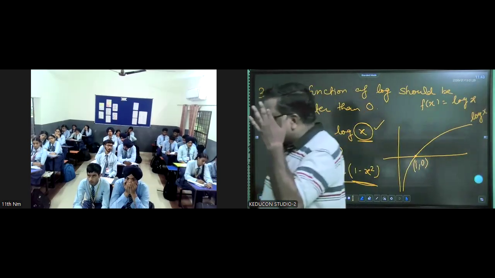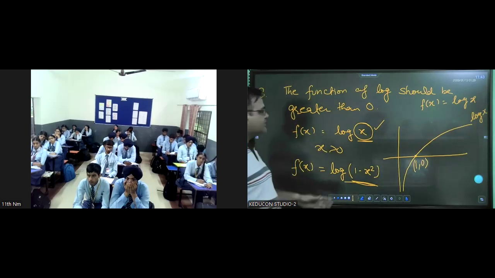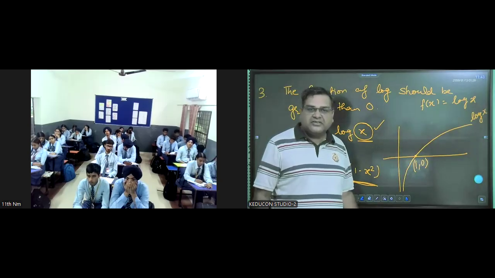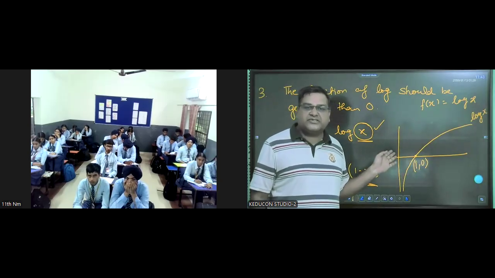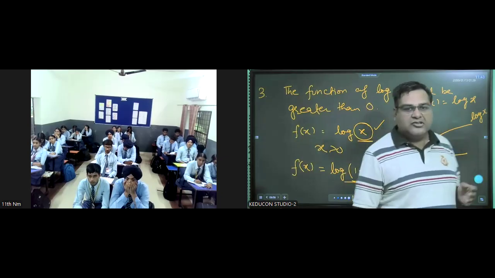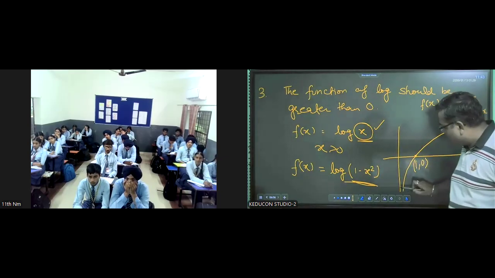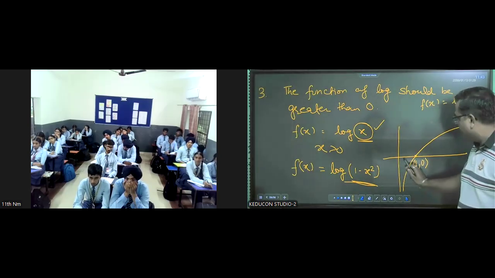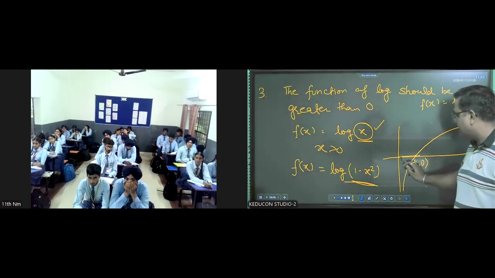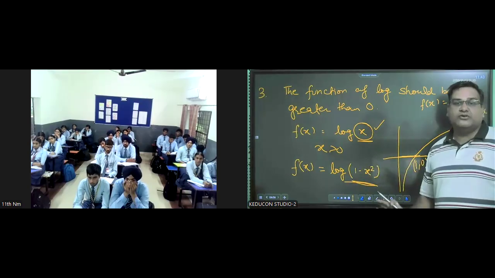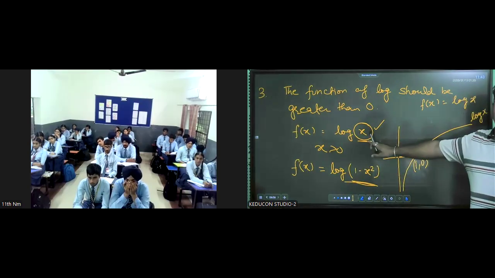Now, if you see this graph, is any value of x negative? Is any value of x 0? It does not touch here; this means it goes to infinity. Now x cannot be 0, or even less than 0. So the value of x is always positive.